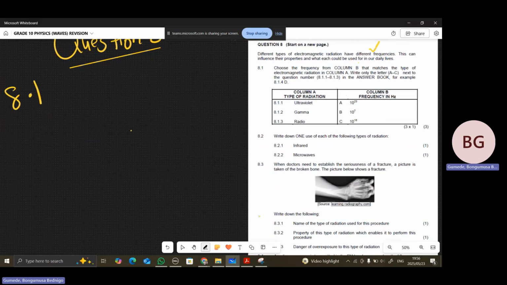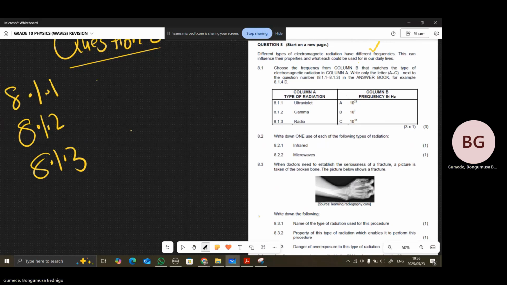All right, so 8.1.1, 8.1.2, and 8.1.3. So now we know that gamma rays have the highest frequency. Ultraviolet light, also dangerous, will take C. Gamma rays will take 10 to the power 23. And then radio waves will take 10 to the power 7.